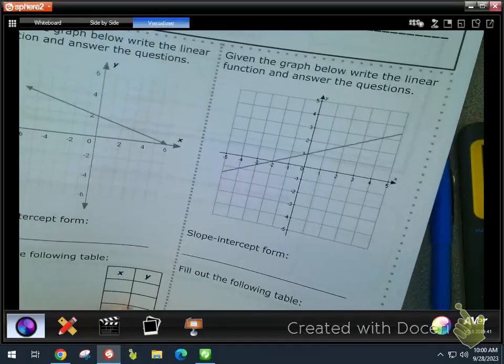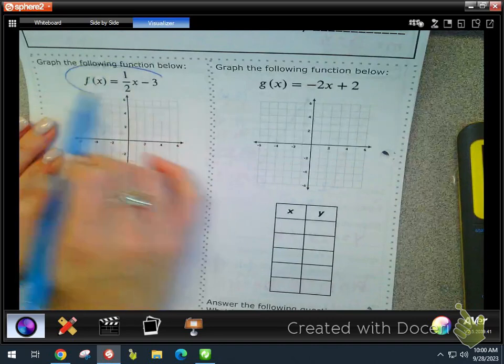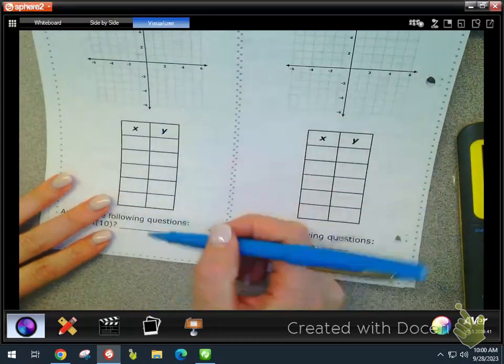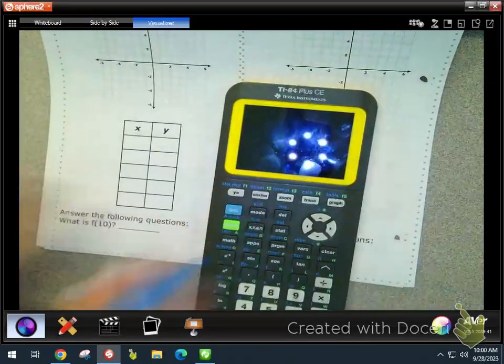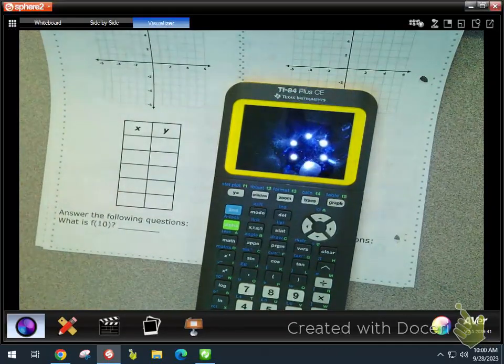How do you put a table? Hold on. Listen. With the table, you get to put your slope-intercept form in y equals, and you just go fill in a table. So go to your y equals second graph, and you just put a couple good points. You can put fractions, you can put whole numbers, I don't really care.